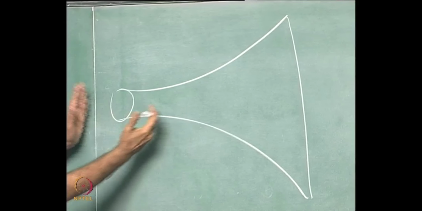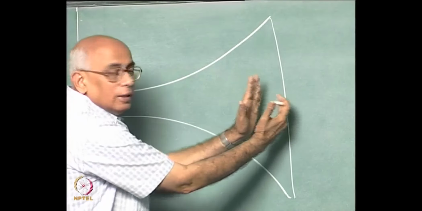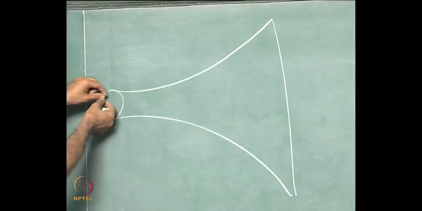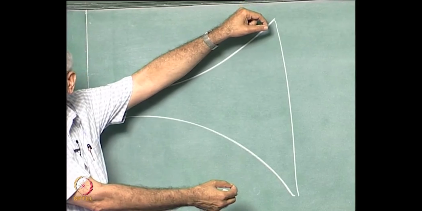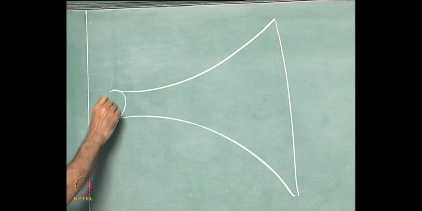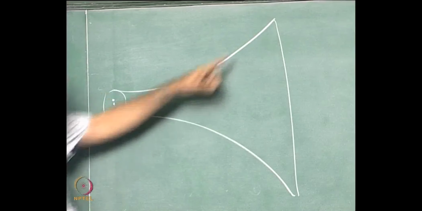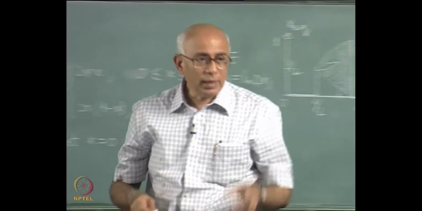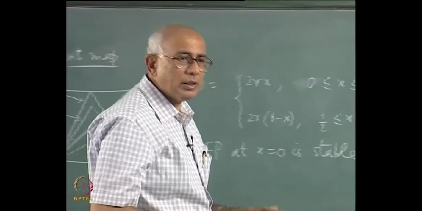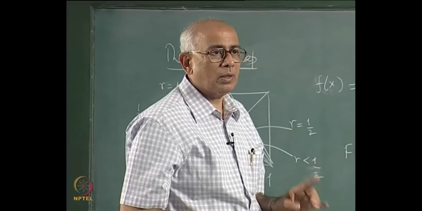So in this direction things have shrunk, they have gone to a line, but in this direction they have expanded to system size, and therefore initially neighboring points could have expanded arbitrarily far to system size itself. That itself implies loss of information and possible chaotic behavior.